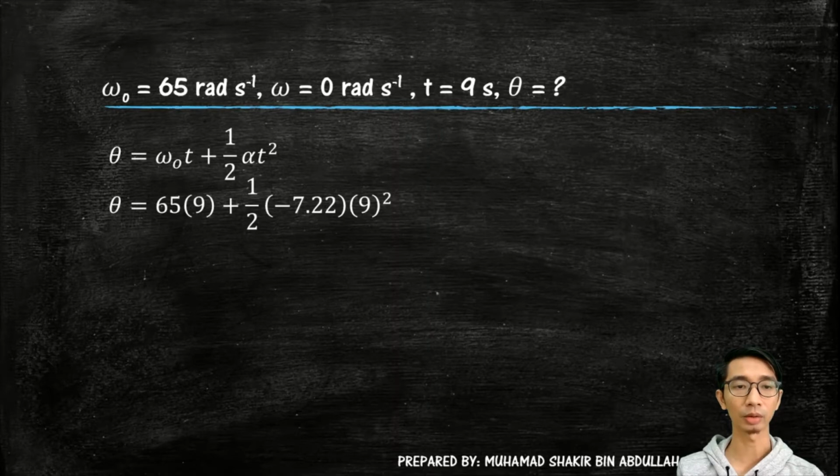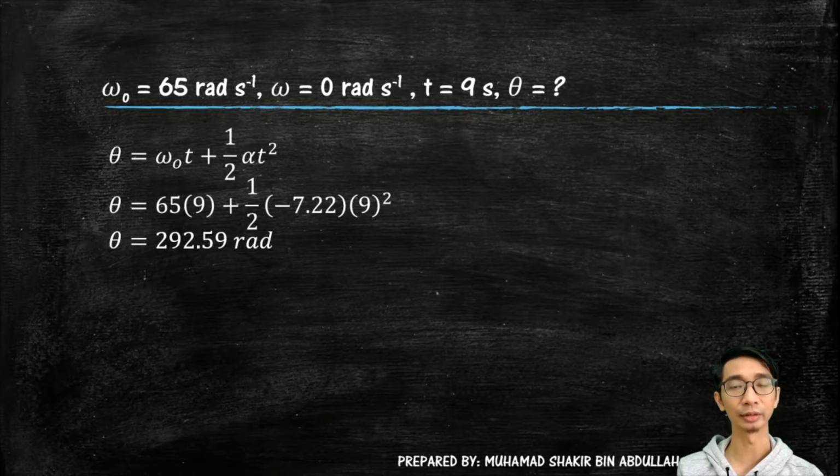Substitute 65, 9, and then our angular acceleration negative 7.22, which we already calculated in the first part. Make sure you don't forget the negative here. Then you have t squared, which is 9 squared, and using our calculator we can calculate the answer.